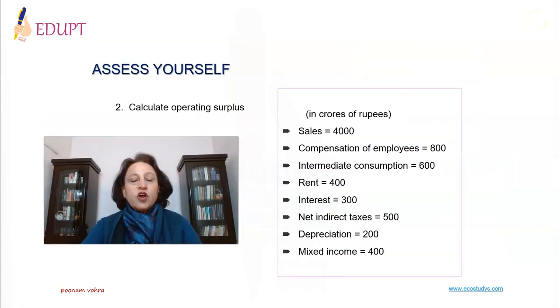Now calculate operating surplus. The information provided is in crores of rupees. Various items are sales 4,000, compensation of employees 800, intermediate consumption 600, rent 400, interest 300, net indirect taxes 500, depreciation 200, and finally mixed income 400.